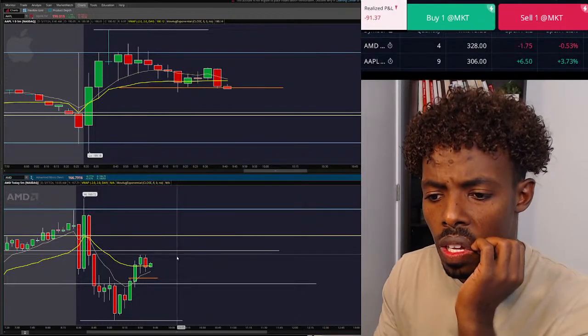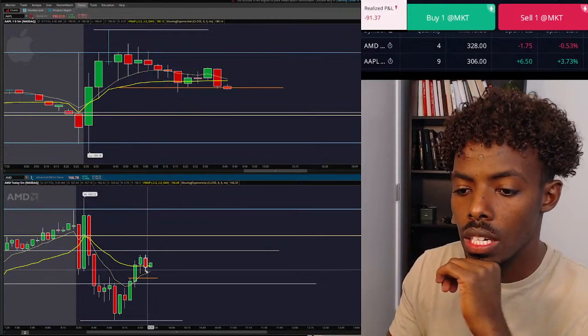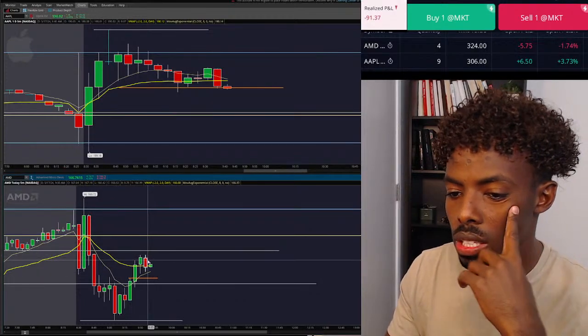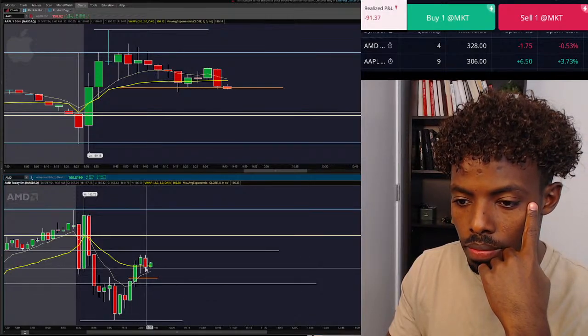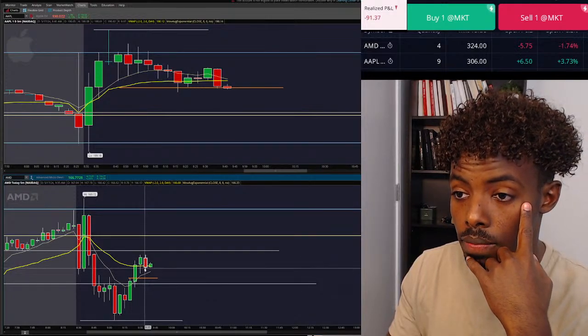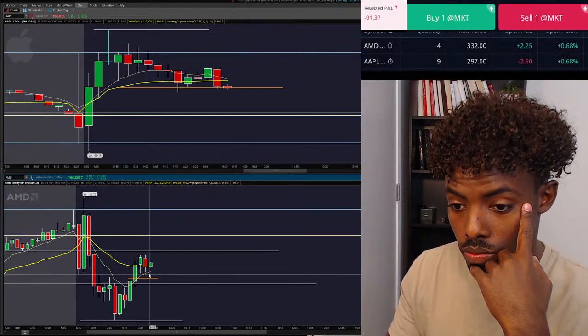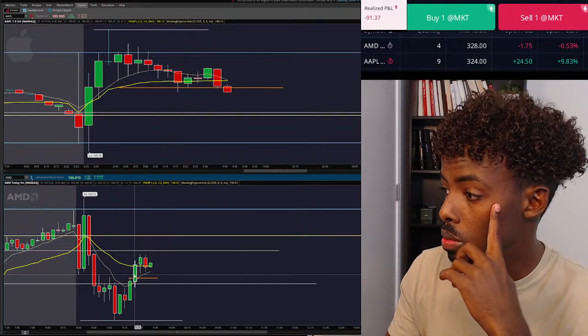Okay, so here we go. AMD maintained its ADMA, but look at this though, it closed below the VWAP. Yeah, so this would be a selling one. This would be selling.